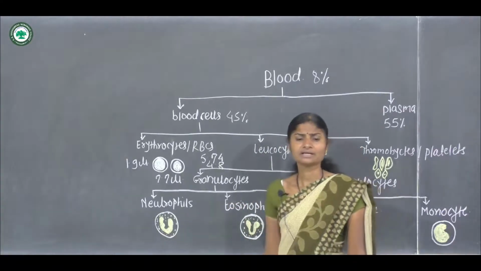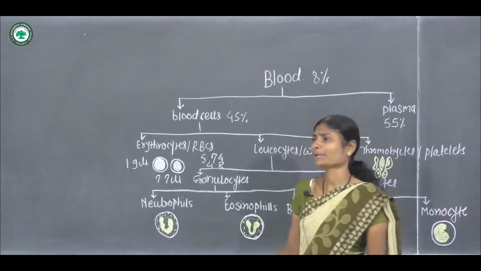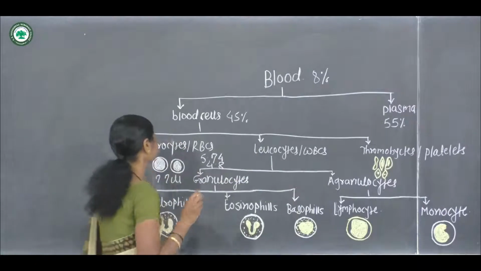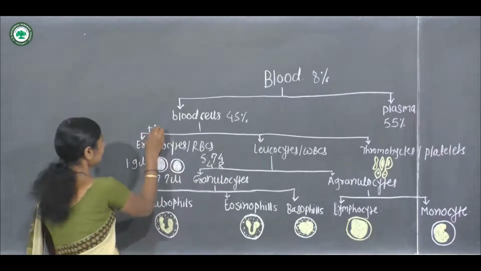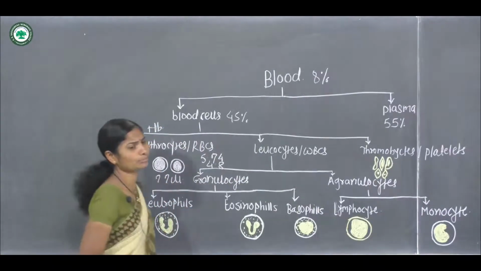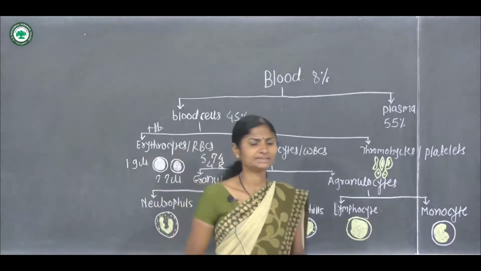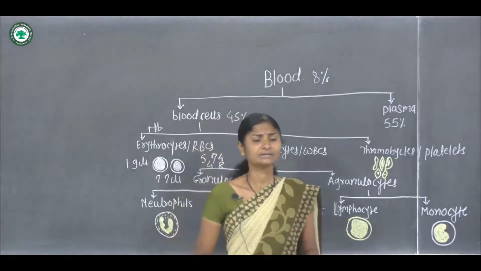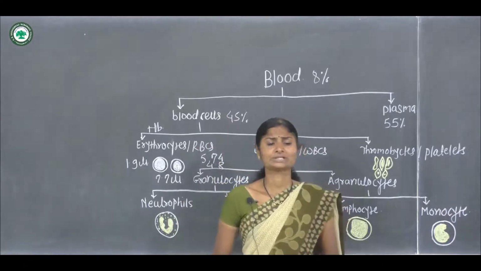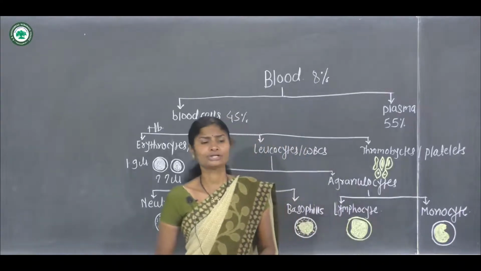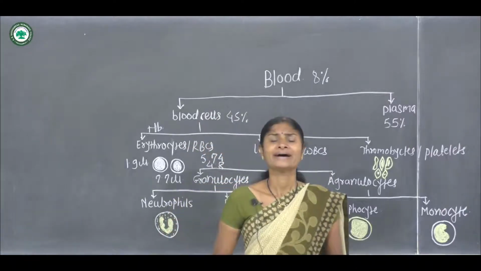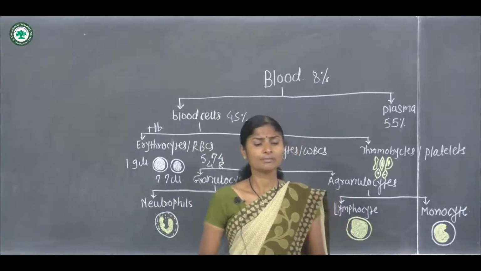These erythrocytes mainly consist of a red respiratory pigment called hemoglobin, and this hemoglobin is an iron-containing protein. It has strong affinity towards oxygen, forming oxyhemoglobin as an unstable compound.